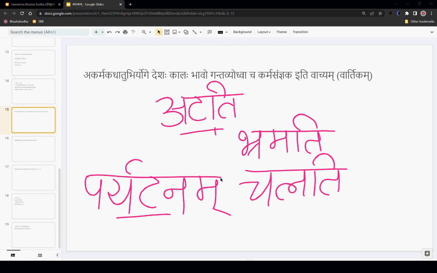Okay. Similarly, atati, those Dvikarmakadhatus. Examples are given here: bhramati, atati. Like even Swapiti, Swapadhatu. Swapiti, nidrati, those things. Examples given in the Vyakhyana books are Swapiti. Swapiti means what?